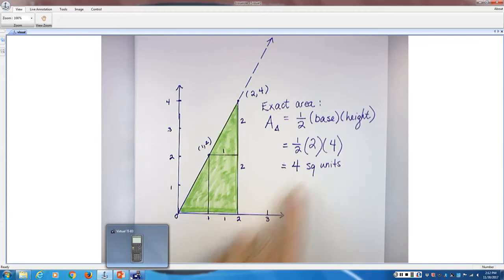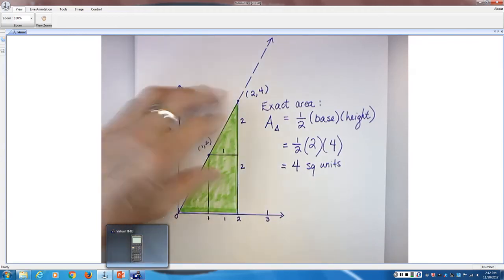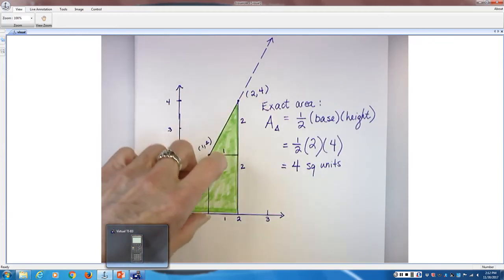But this is basically what calculus does, it breaks up this area into smaller areas. That's what the definite integral does.